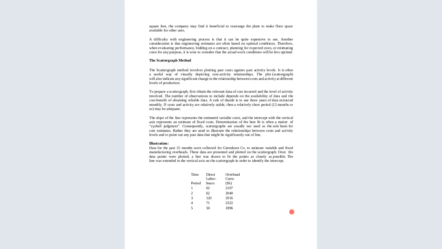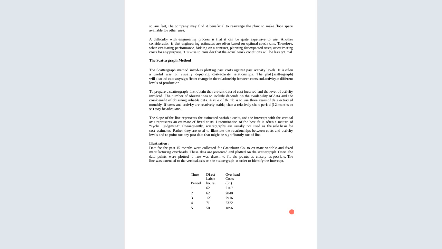So to prepare a scatter graph, you have to first obtain the relevant data of cost incurred and the level of activity involved. The number of observations to include depends on the availability of data and the cost benefit of obtaining the reliable data. When you draw the data on the graph, the slope of the line represents the estimated variable cost.